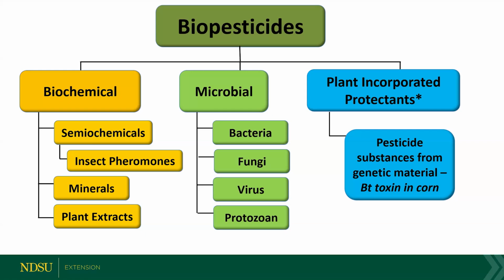But most of what we're talking about for white mold and for pathogen protection is microbial, which is our bacterial and fungal beneficial or biological control agents. There are also some viruses and protozoan species as well.